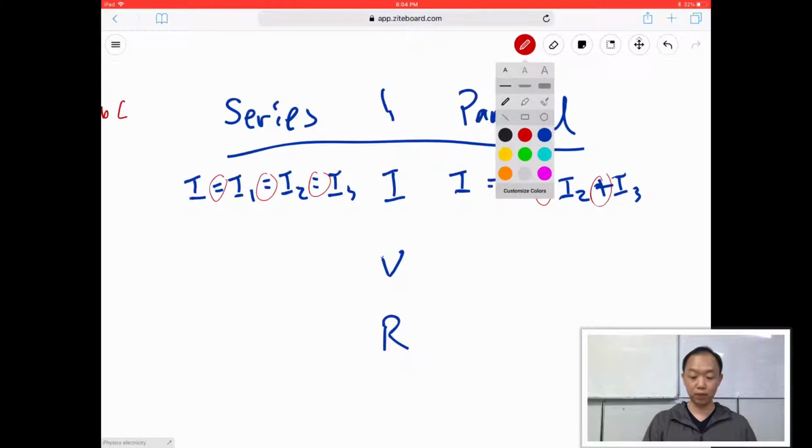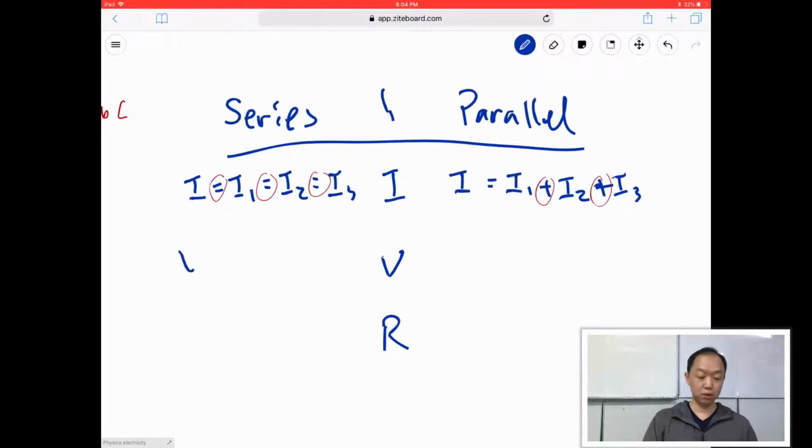Now how about for voltage? For voltage, V equals V1 plus V2 plus V3. I know I'm not explaining the theory and the practical part of how it works. I just want you to remember first. If this side is all plus, the other side will be equal.